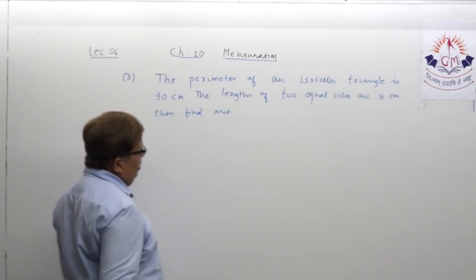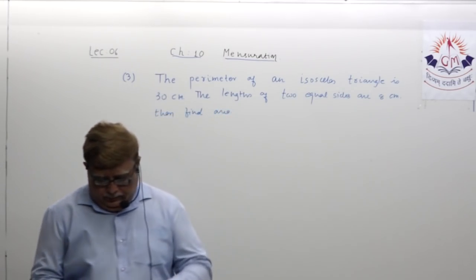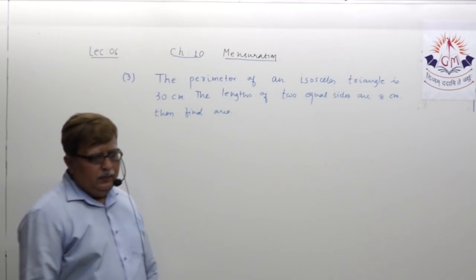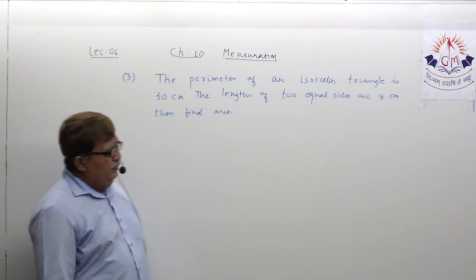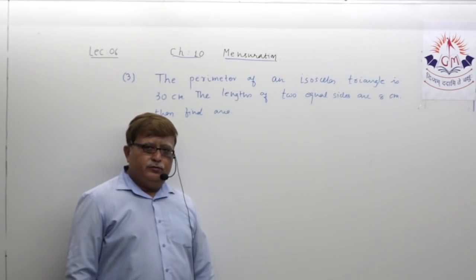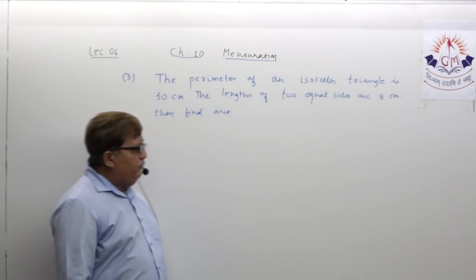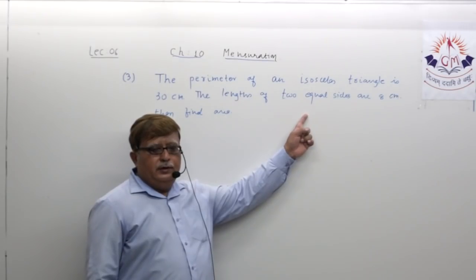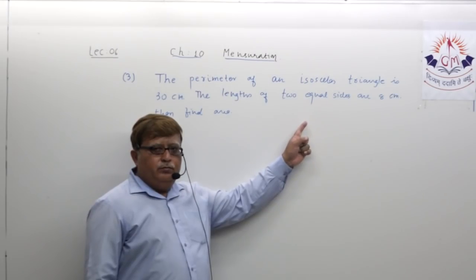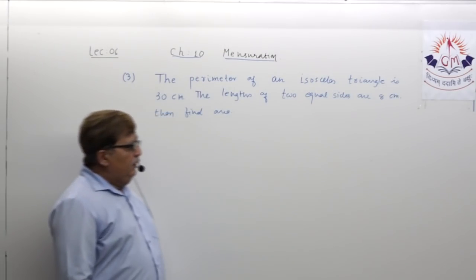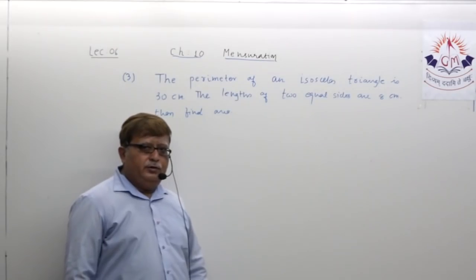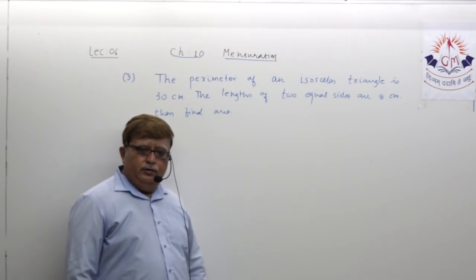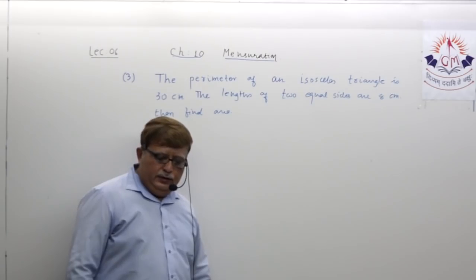This is the question. Here you are already given an isosceles triangle, and you all know it has two sides equal. In the data it has also been represented that the lengths of the two equal sides are 8 centimeter, and then you have to find the area.